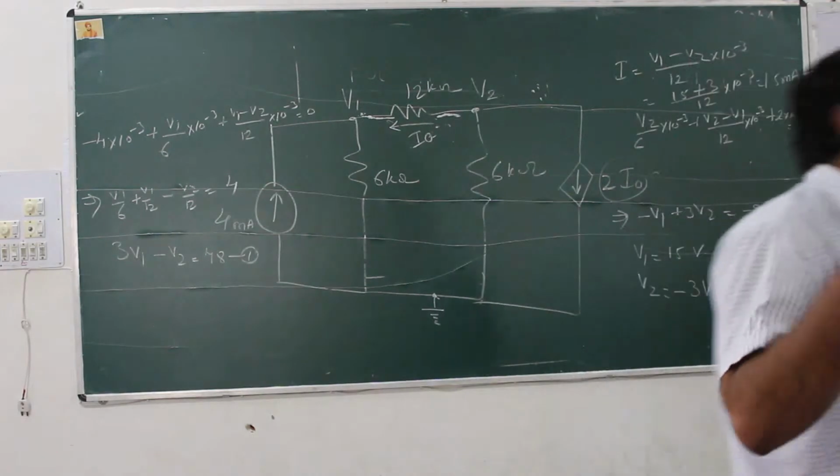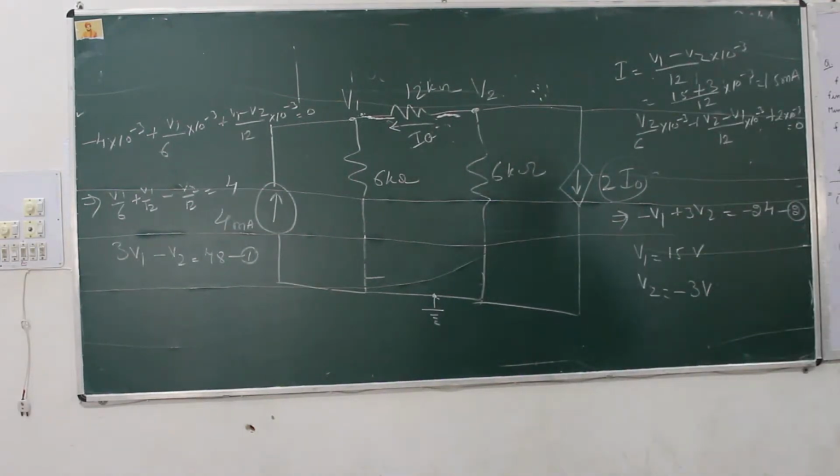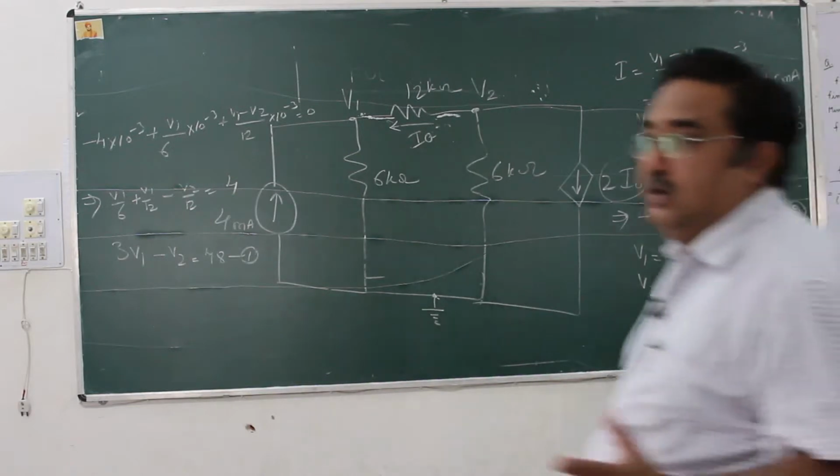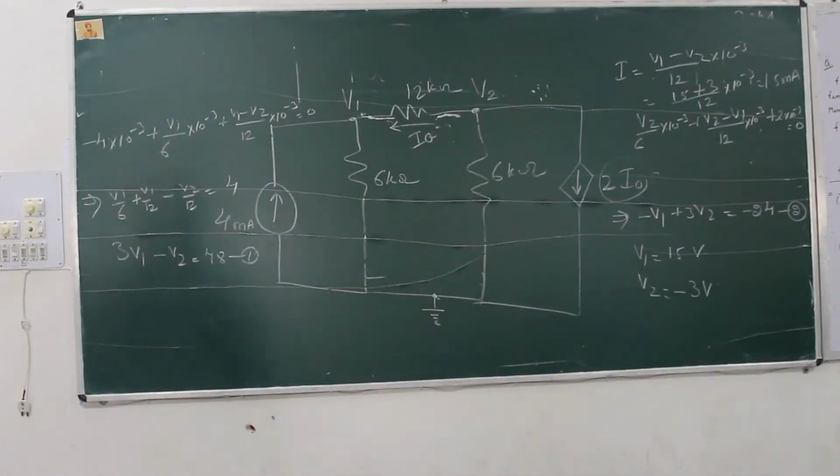The same is true for the mesh analysis also. Clear or not? In node analysis, what are the unknown things? What are the unknown things, Zahid? That is the node voltages, V1, V2, V3 up to Vn.